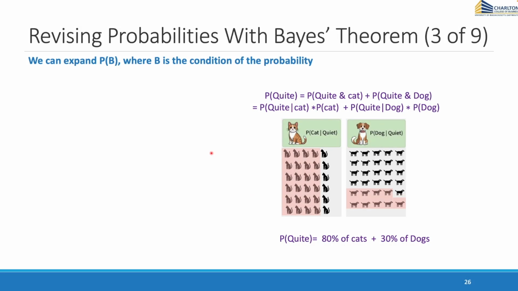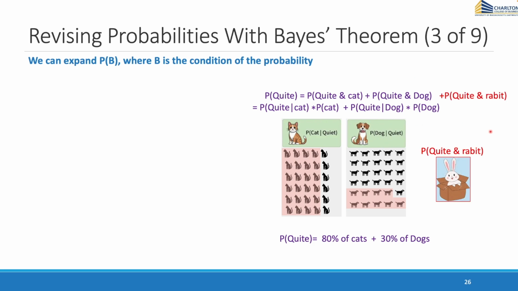We also can expand the probability of B, which is the condition here, by considering the different conditions that we have. So here in our example, we have only cat or dog. The probability of the condition, being a quiet pet, was the probability of being quiet and cat plus the probability of quiet and dog.